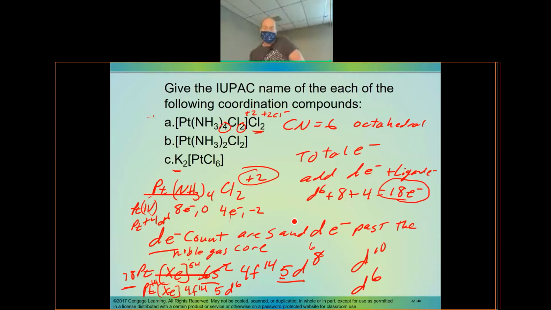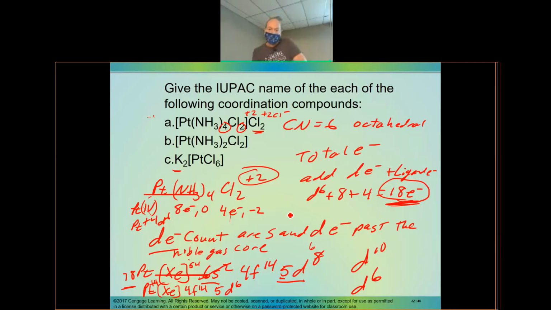All right, and that's sort of like the octet in Lewis structures. When you're doing a coordination compound and you get the number 18, the chances of that being stable are excellent. It's the most stable number of electrons. So we have two numbers that are going to be stable.